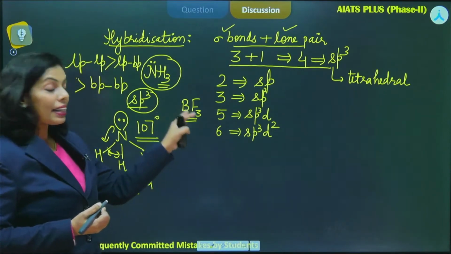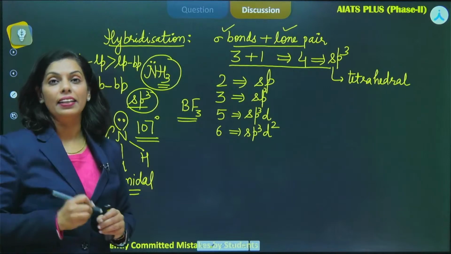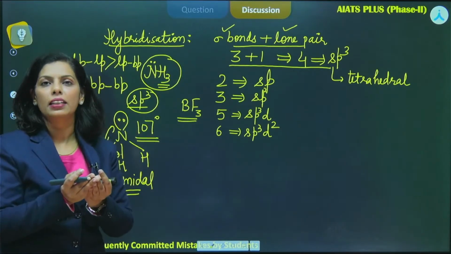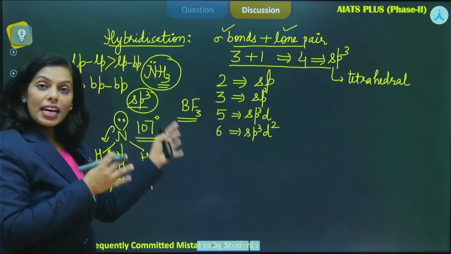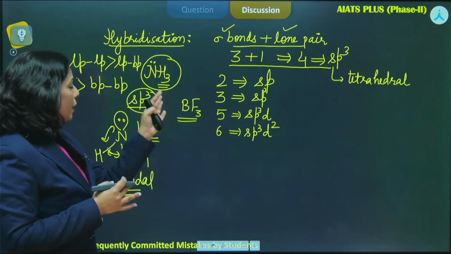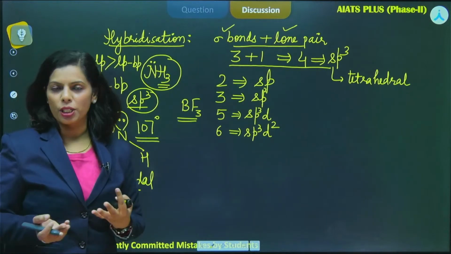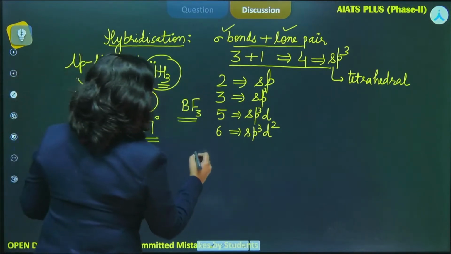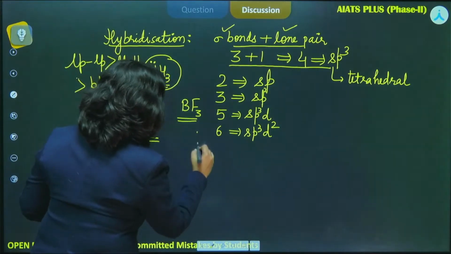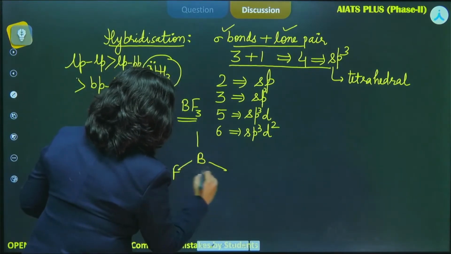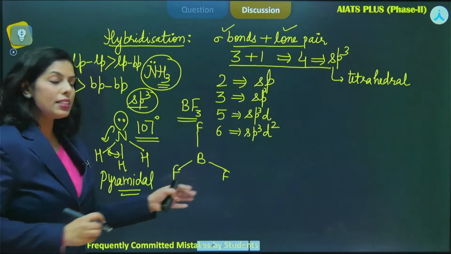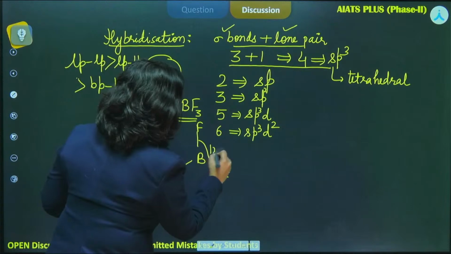It also acts as a Lewis acid due to the deficiency of electrons, or simply, the vacant orbital, right? So it can be a Lewis acid, and it is also an exception to the octet rule, incomplete octet, right? So now the shape is planar. Trigonal planar structure it has. The bond angle is 120 degrees.